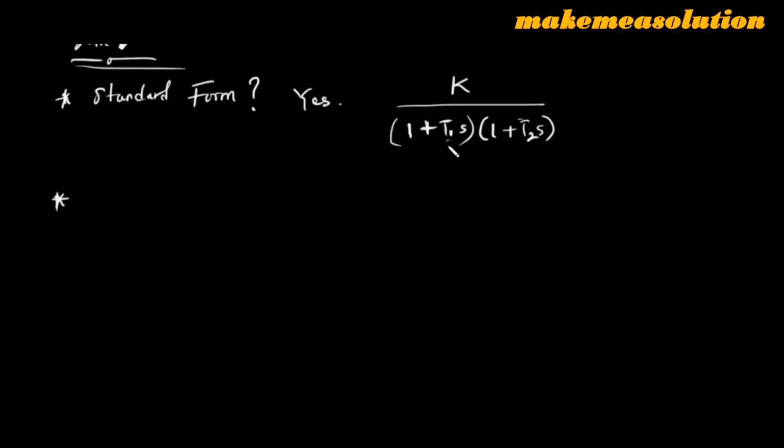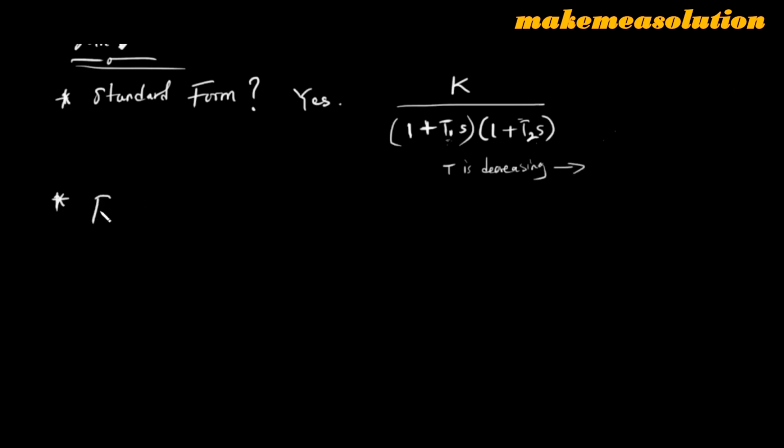So T1 is bigger than T2, and if there is a T3, T2 is going to be bigger than T3, T3 is going to be bigger than T4, and so on and so forth, making sure that T is decreasing as we move across the factors.